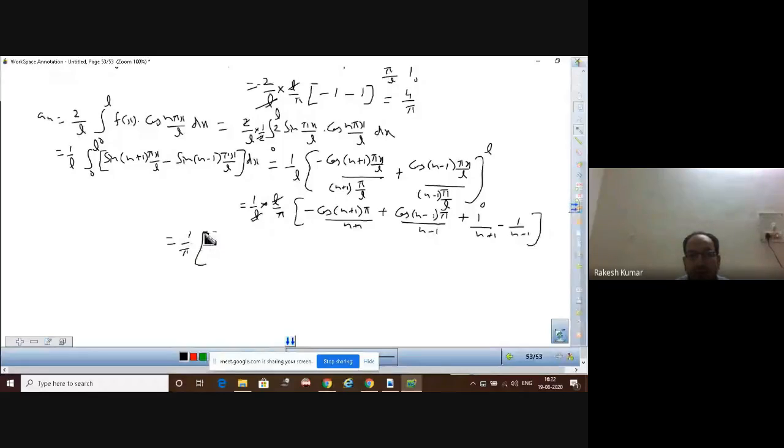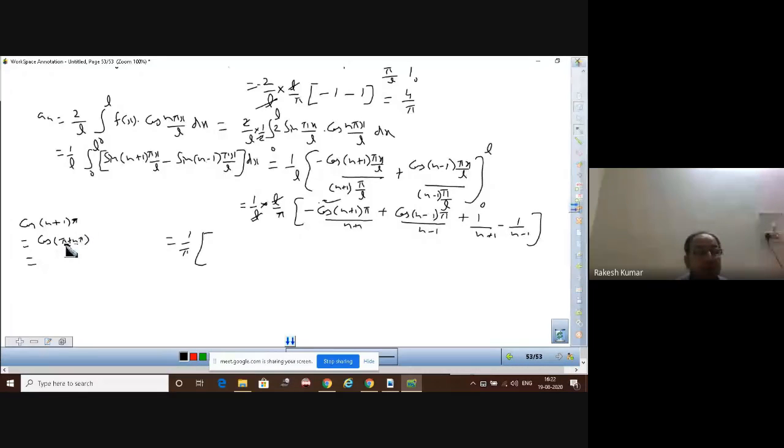Now you can solve this numerator term separately. It will give you cos of n plus 1 into pi, that is cos of pi plus n pi.